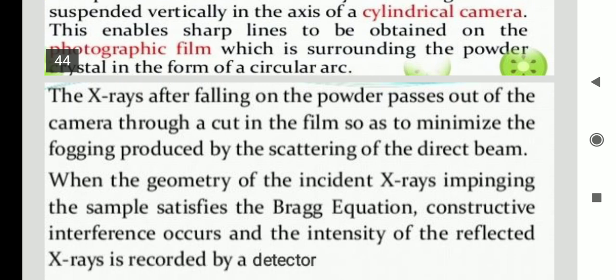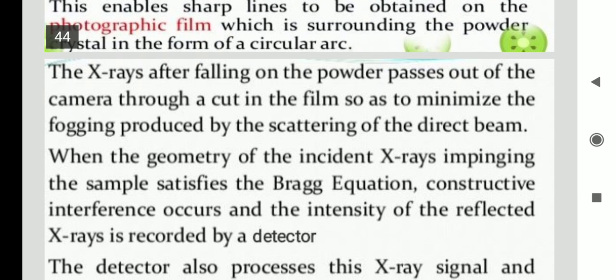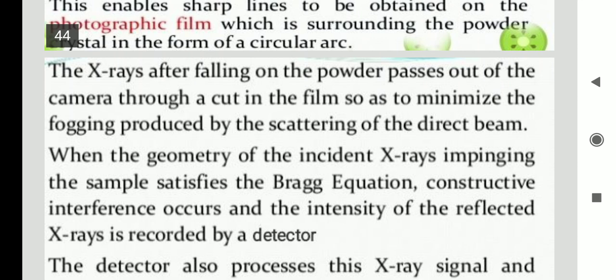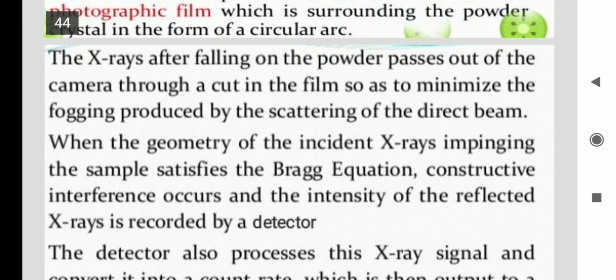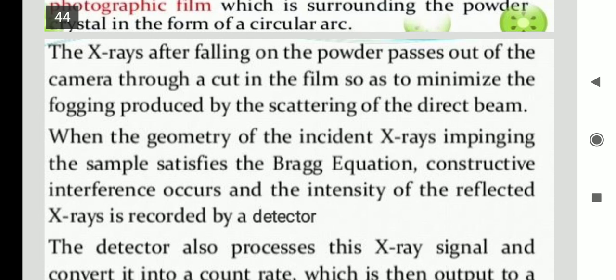When the geometry of the incident X-rays impinging on the sample satisfies Bragg's equation, constructive interference occurs, and the intensity of the reflected X-rays is recorded by the recorder. That is nothing but the detector we place behind the experiment, which detects the diffracted rays.